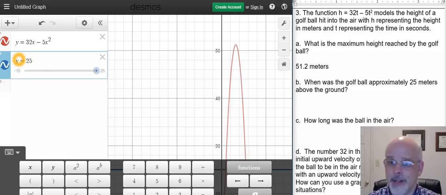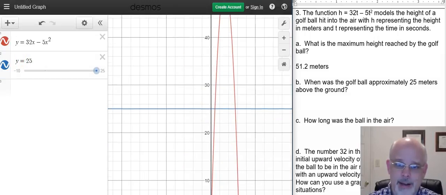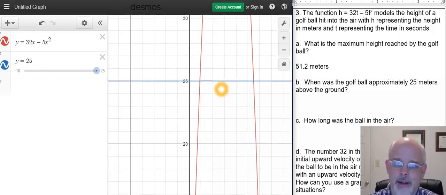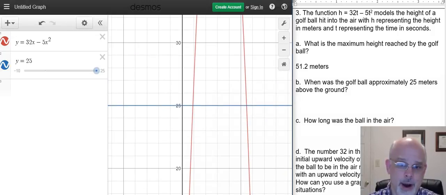That 25 is because that's the question, the height that it's asking about. And when I do that, you can see that it's drawn in a blue line here, a horizontal blue line, which is y equals 25. And I can see these 2 points where the graph of the golf ball is equal to 25. Okay, and to find the coordinates, I'm just going to click on it.